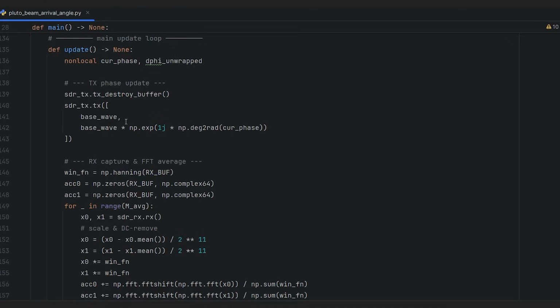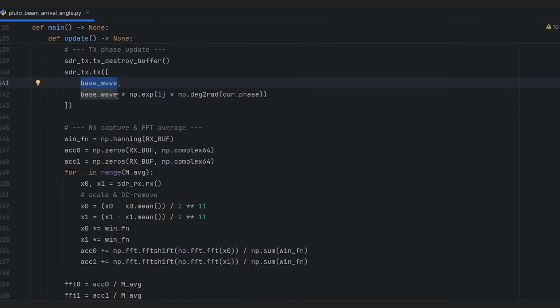So for the TX beamforming, as the TX phase is being swept, we have a base wave, which is the main tone. We send it to the first TX channel, but for the second TX channel we apply another phase shift by multiplying by e to the power of 1j times the phase that is currently being swept, and this creates our TX beamforming.